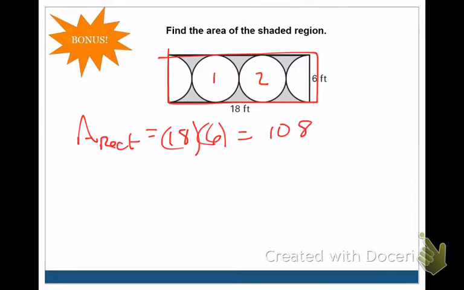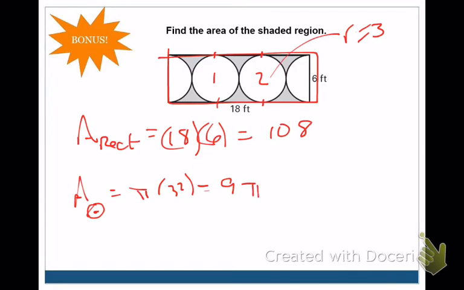Then we got to subtract out those circles. Now the good thing is those circles are all the same size because they're touching the top and the bottom of the rectangle. So their diameter is all going to be the same, which is 6, which means that the radius is 3. So the area of each circle is just pi times 3 squared, which is 9 pi.